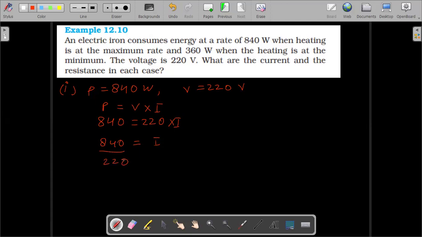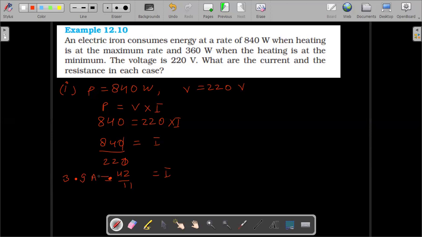So 0 cancels. You can divide it by 2. So you get 42 over 11. So current will be 42 over 11 ampere, and this will be 3 point some amperes, so it will be 3.9 ampere. You get it, 3.9 ampere.